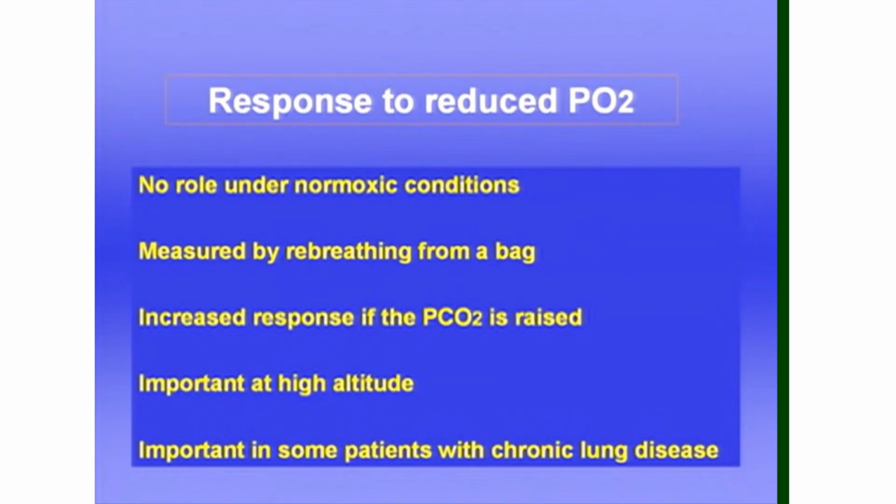It's particularly important at high altitude, and we'll see that in a later session. When you go to high altitude, the ventilation increases a great deal, at extreme altitude, and this is brought about by the peripheral chemoreceptors. In fact, some years ago, some patients were treated for, I think it was asthma, by removing the peripheral chemoreceptors, or the carotid body receptors.